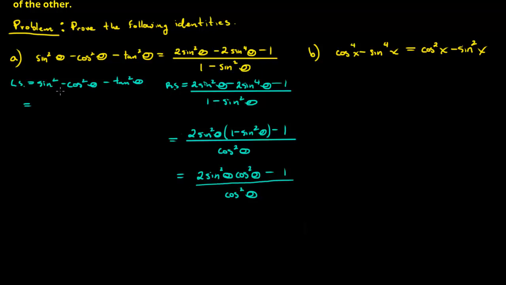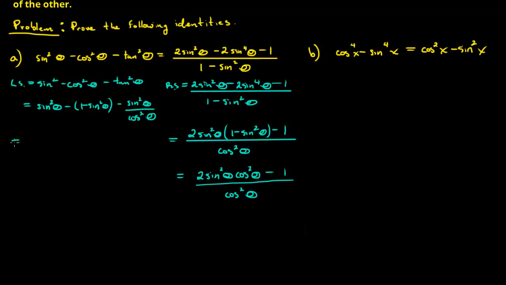One of the ways I could do that is to rewrite cos squared theta in terms of sine squared theta, as 1 minus sine squared theta. My left side is now written in terms of sine theta and cos theta. So let's rewrite tan squared theta as sine squared theta over cos squared theta, and let's see if this helps.